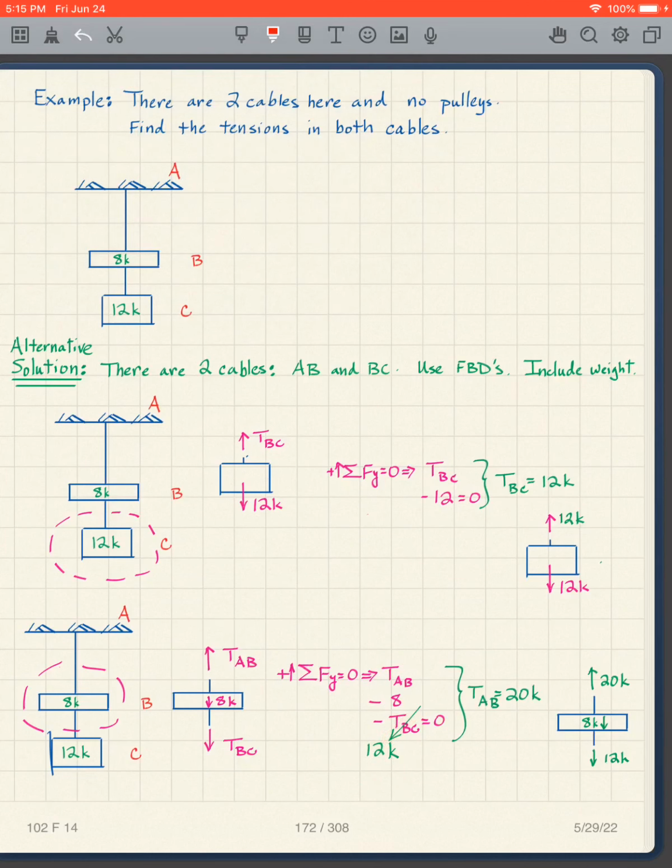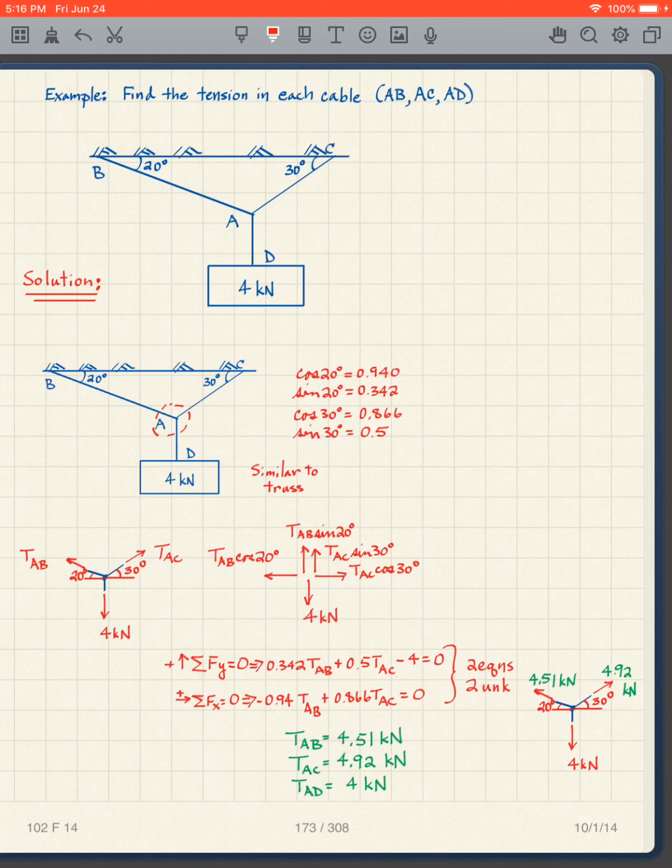Let's look at this one again. I have 3 cables, 1, 2, 3, which is our first problem that we looked at. And I want to determine the tension in each cable. I have AB, AC, AD.